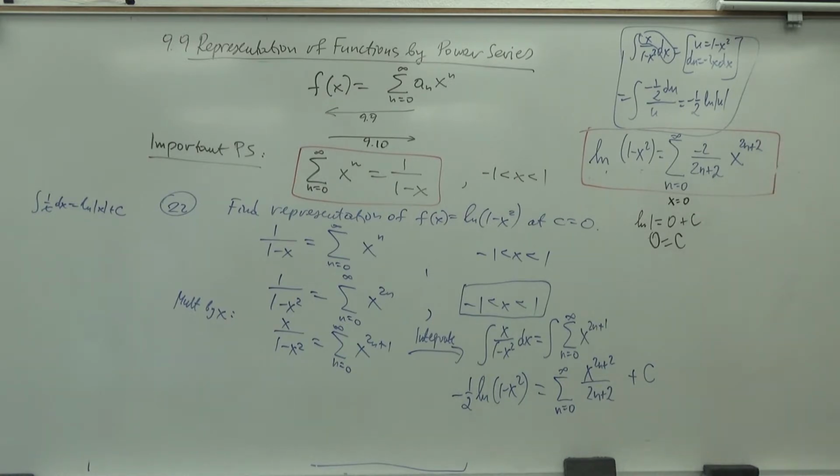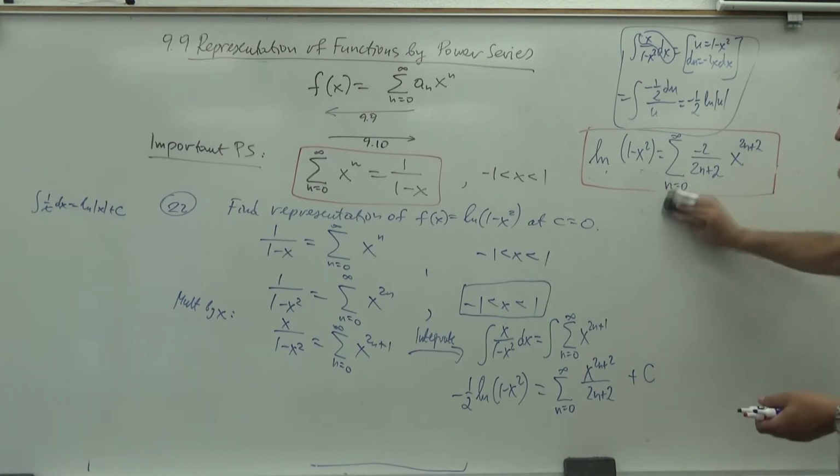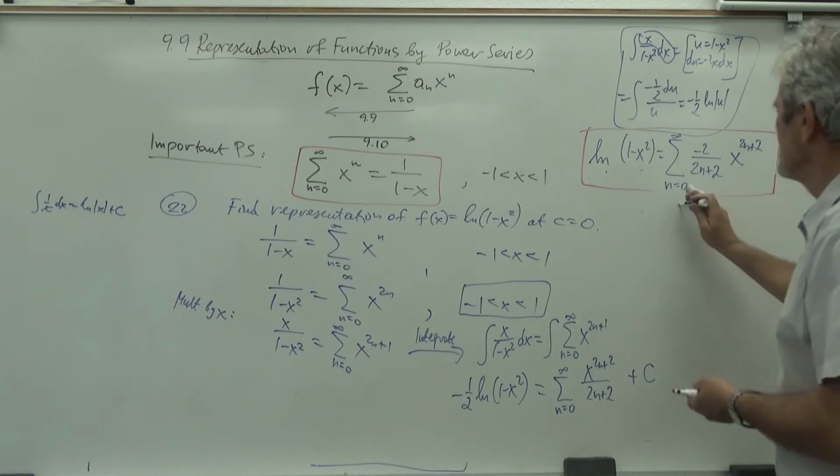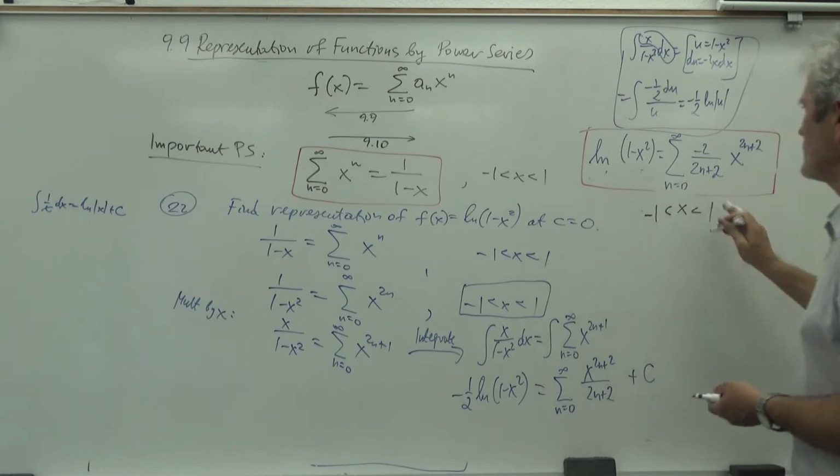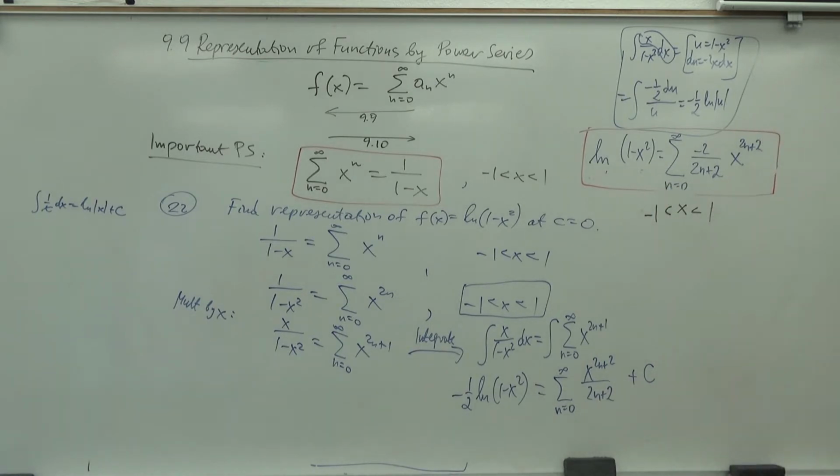So our final result is this one. ln of 1 minus x squared is equal to this sum. And what is the validity? For all x's that are between negative 1 and 1. Why is that so nice? Because now, whenever you need to approximate ln of 1 minus x squared for those values of x, you can use this power series and then cut it off somewhere.